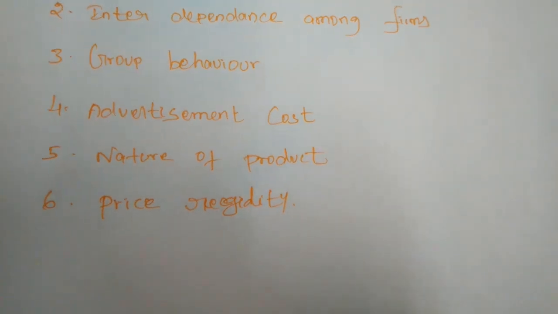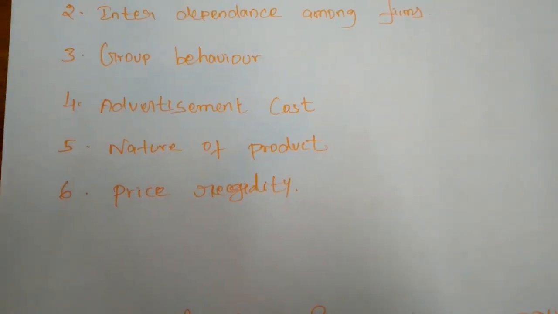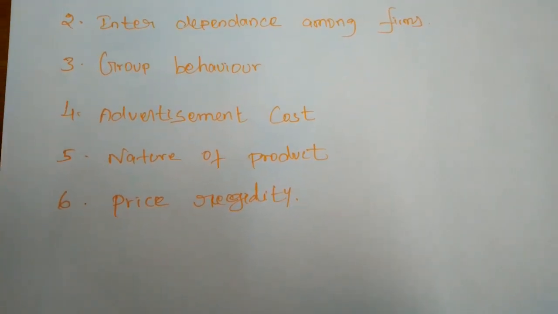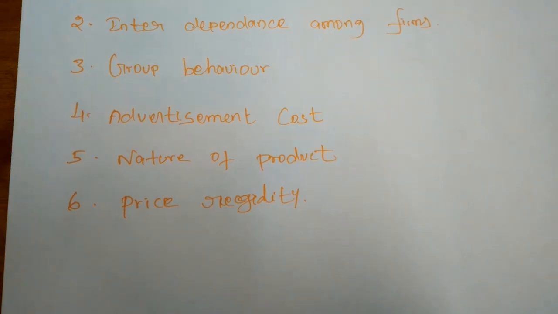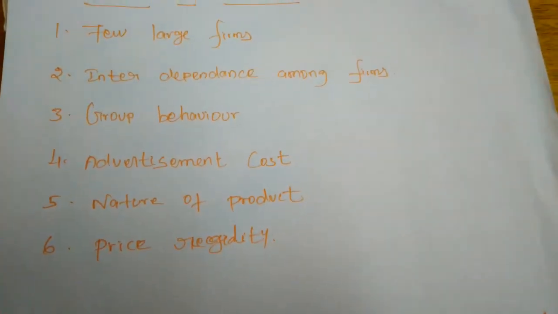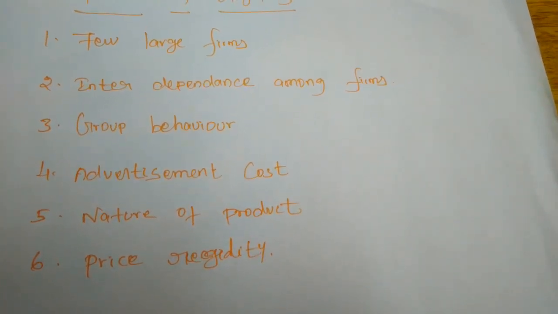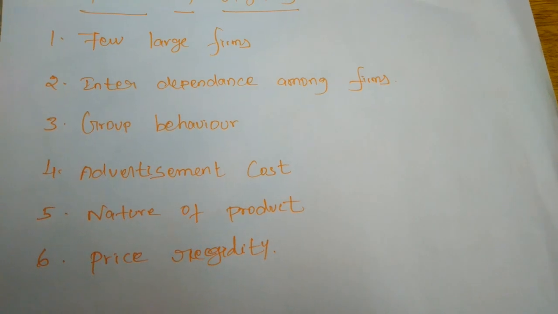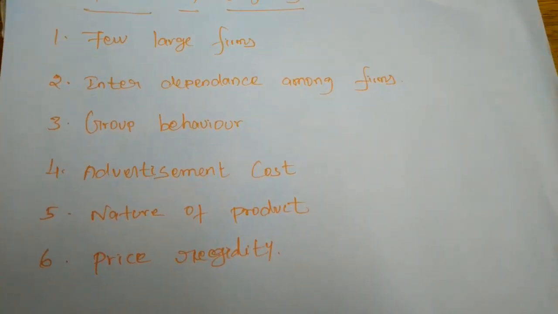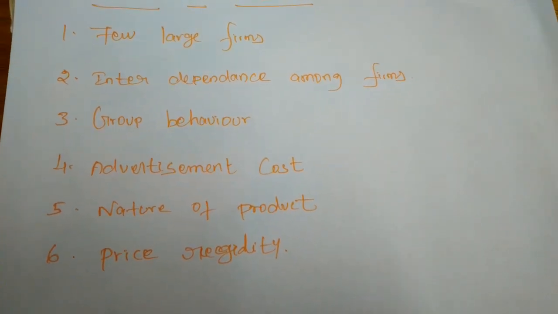Next, price rigidity. The oligopoly market implies that prices are difficult to change. The oligopolistic firms do not change their prices due to fear of rivals' reactions. Suppose one company increases the price of its product, the rival firms will not increase the price of theirs, so consumers will mostly want to purchase the lower-priced product.